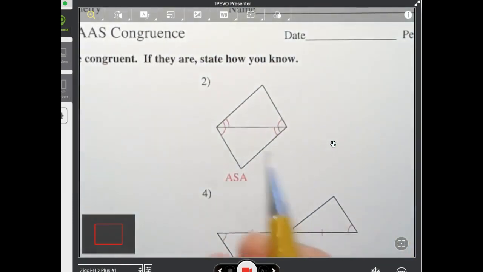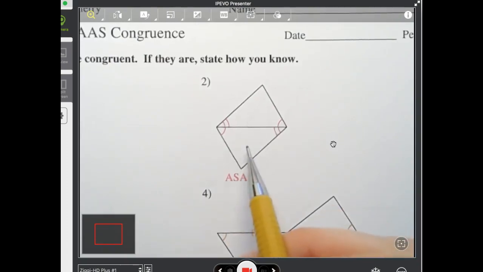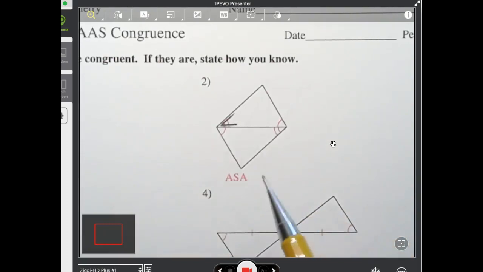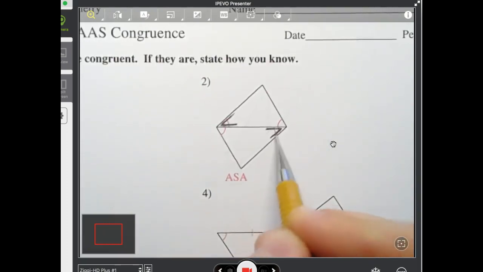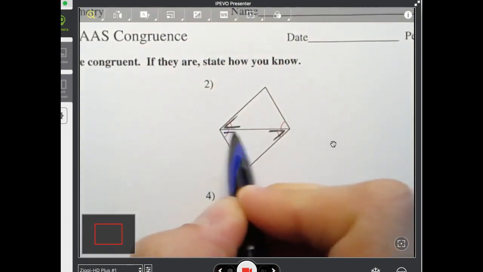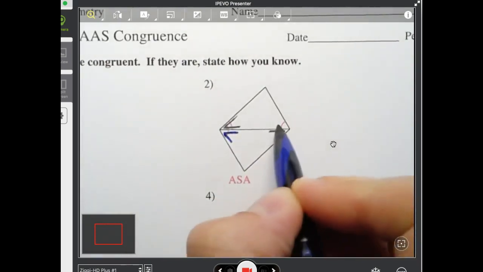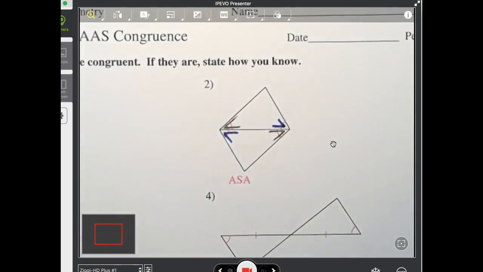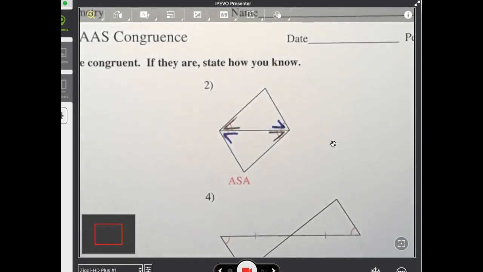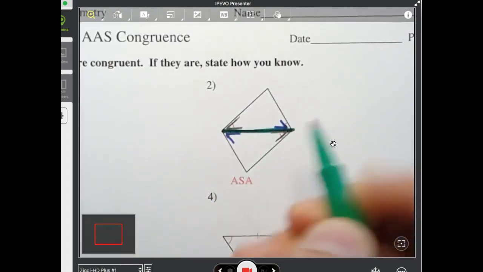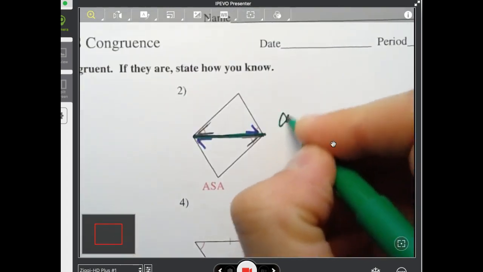Alright, so look what we've got. In these two triangles, we know they're congruent because we have A, we know this angle is congruent to this angle, right? They both have the same congruent marks. We also know that this angle is congruent to this angle because of the congruent marks. And notice what we have in the middle, and please don't overlook this part. This side is equal to itself.